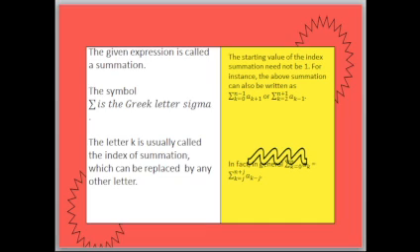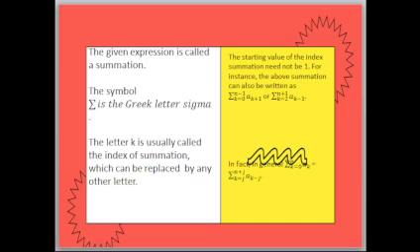And here, the starting value of the index of summation need not be 1. So, pwede 0, 2, 3, and so on. For instance, the above summation can also be written as k is equal to 0 and then n minus 1 and A sub k plus 1, or we can start with k is equal to 2 and n plus 1 and then A sub k minus 1.